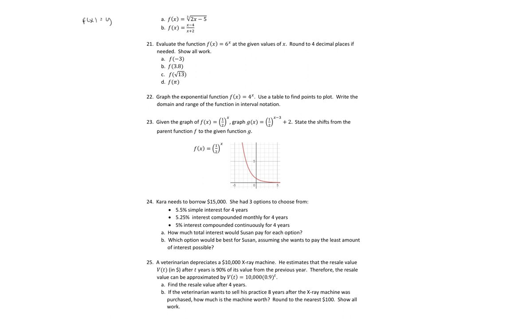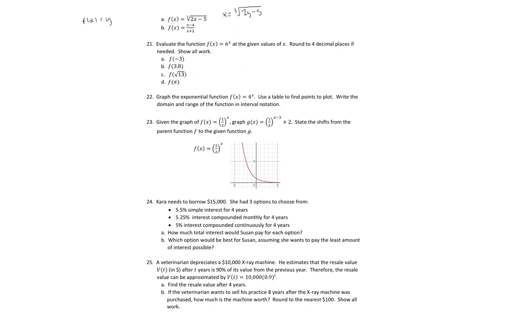And to start finding the inverse, we can switch them around and say x is equal to the cube root of 2y minus 5. And then we can just solve for y from there, for our inverse, right?